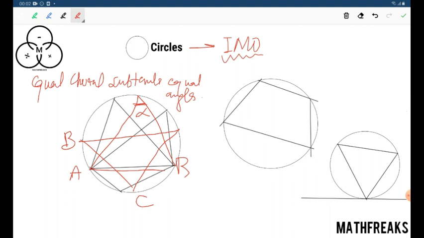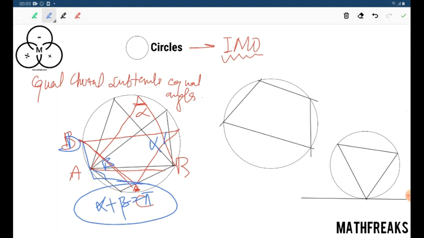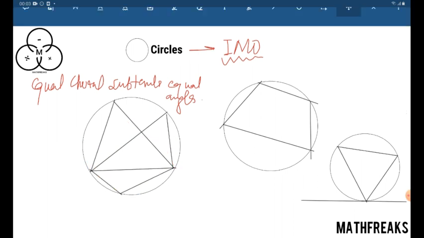The side should be the same. If we consider the other side, then the angles will not be equal, they will be supplementary rather. But if this chord CD also has equal length, then this angle is also going to be alpha. And if we consider the opposite side, this is beta, such that alpha plus beta equals 180 degrees, that is, they are supplementary. Equal chords subtend equal angles.